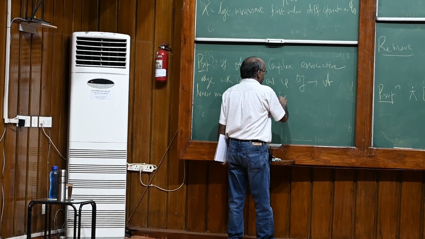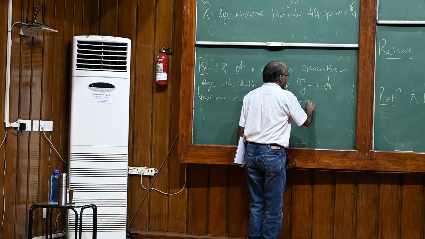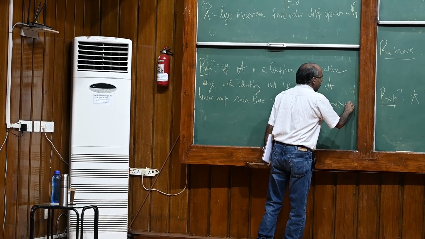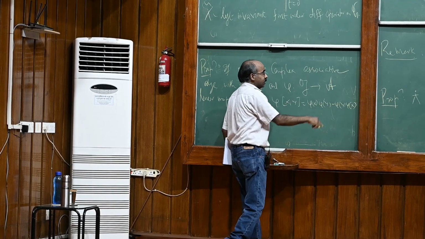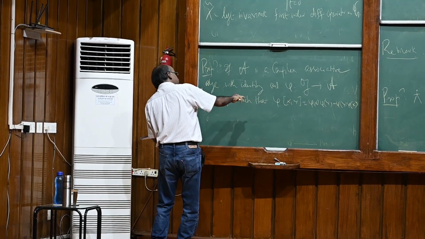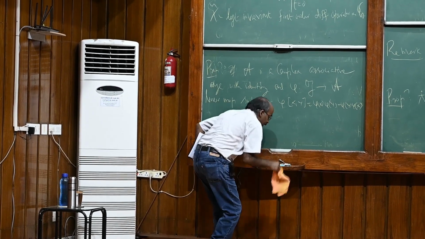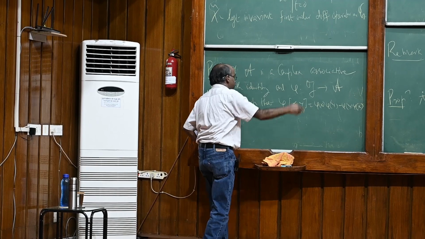So phi of x bracket y is phi x phi y minus phi y phi x. So the right hand side multiplication is in A. So it's a Lie algebra representation on A. Right? Then it extends uniquely to U(g_C).